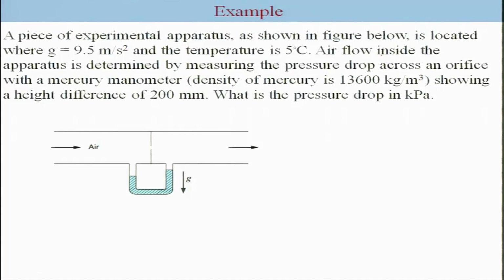Airflow inside the apparatus is determined by measuring the pressure drop across an orifice, which is nothing but this, with a mercury manometer, and the density is given, showing a height difference of 200 millimeter. So, what is the pressure drop across the orifice?